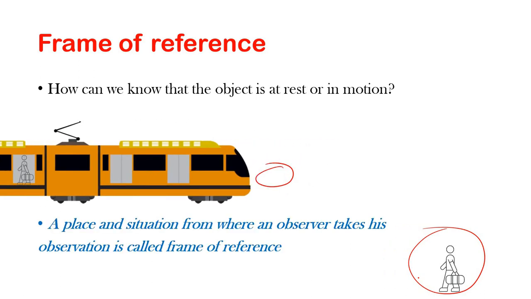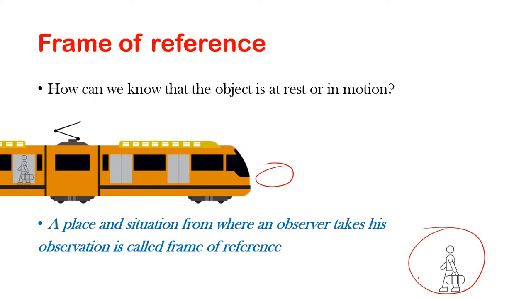The frame of reference is nothing but a place or situation from where an observer takes his observation. Based on that, the object can be either in motion or at rest. There are different frames of reference also. The frame of reference itself can be in motion, right?